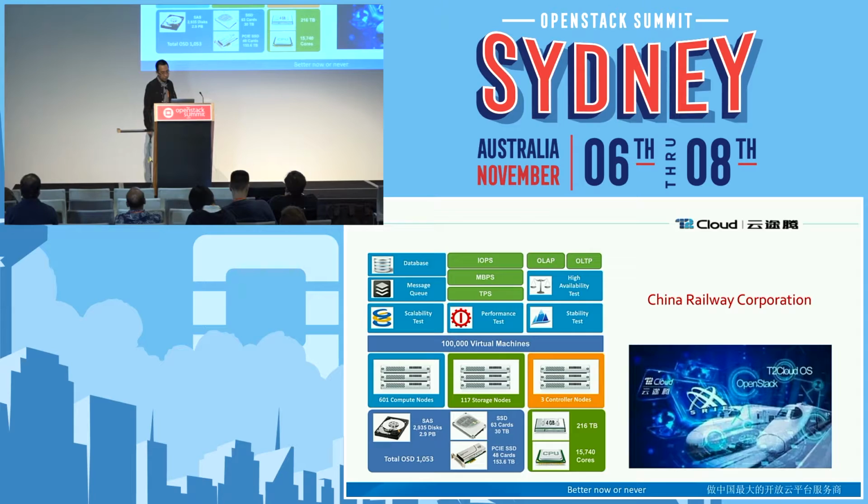Based on this environment, we provided over 100,000 virtual machines on this platform. It's quite a challenge for the whole system, as such an amount of machines will cause a lot of SQL queries to the database. So we have done a lot of work to make the performance better.